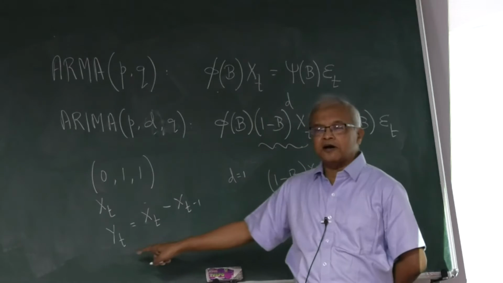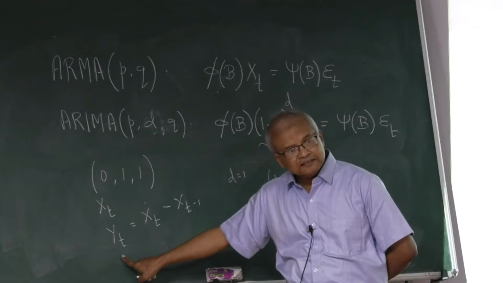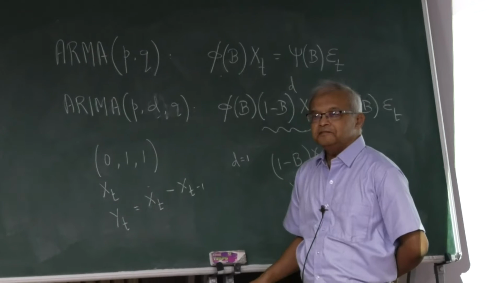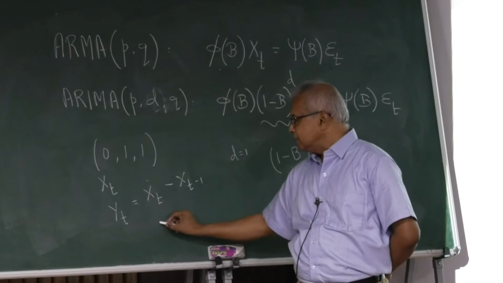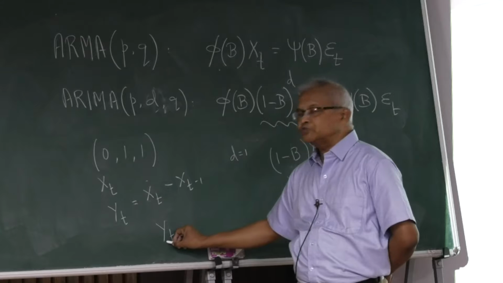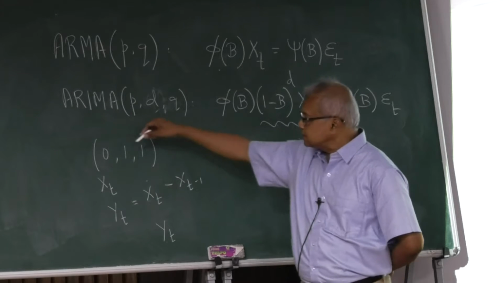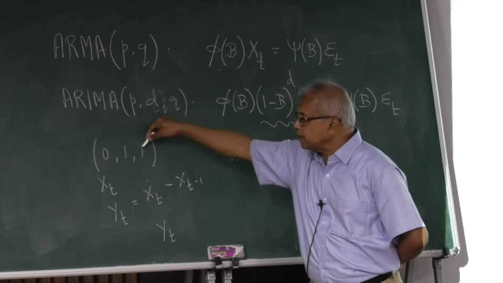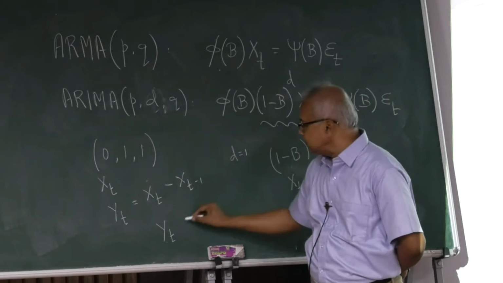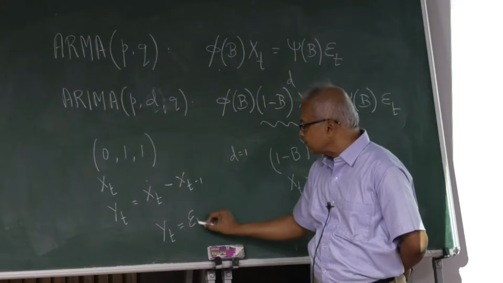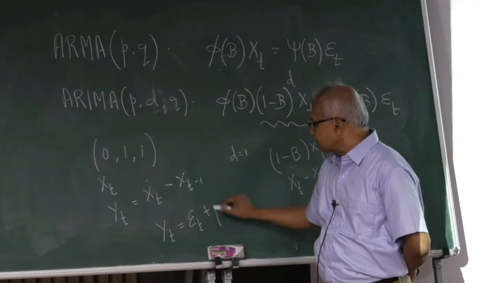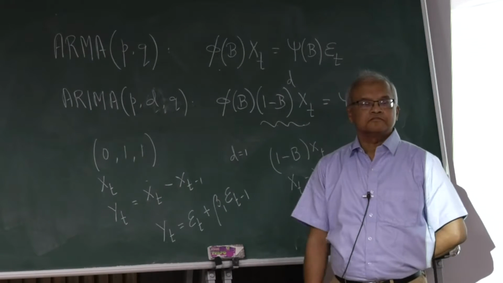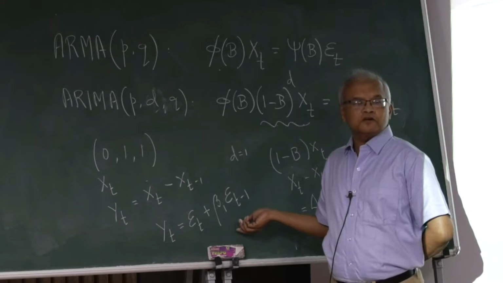So my y_t is now detrended. Then (0,1,1) means I fit an MA process to y_t, because the autoregressive parameter is 0 and this parameter is 1. So it's a first order MA process. I fit a model like this, and this is your final model.